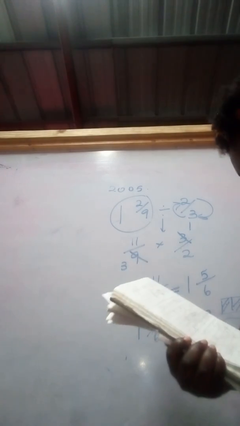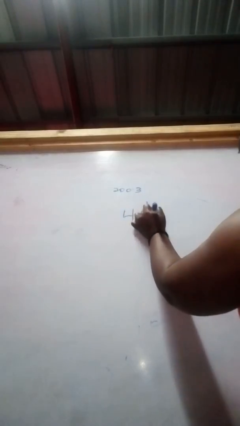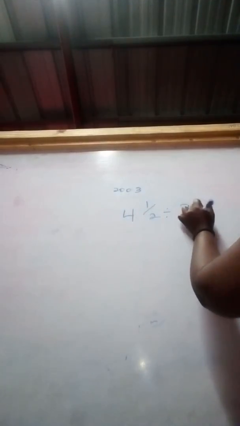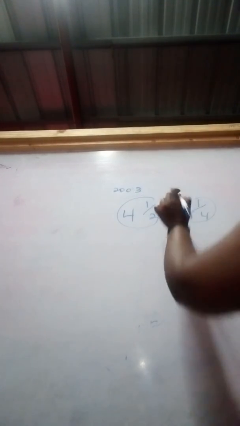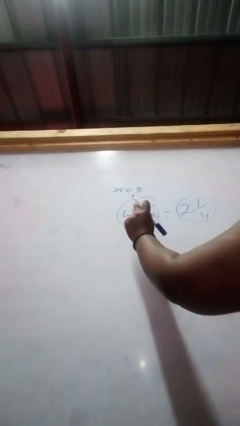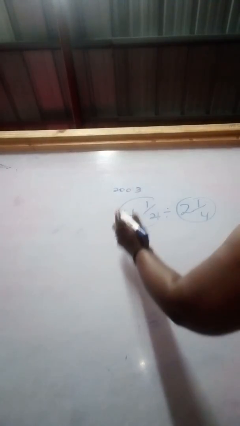One more question here, which came in 2003. We have 4 1/2 divided by 2 1/4. Now we have two mixed numbers here, so we need to change them both to improper fractions. Once again, the whole number multiplied by the denominator. 4 2s are 8. 8 add 1 is 9.